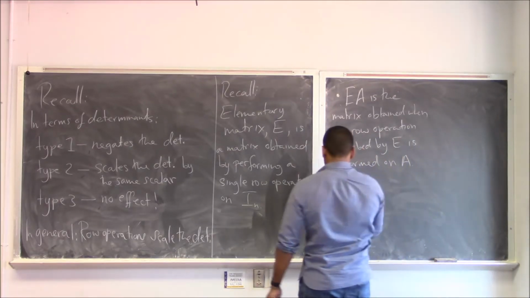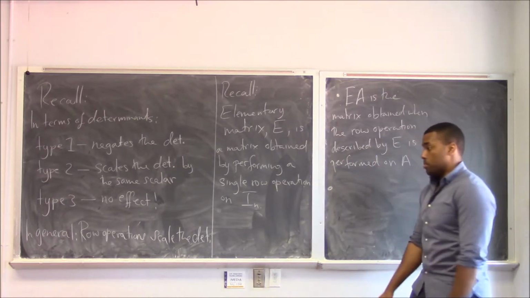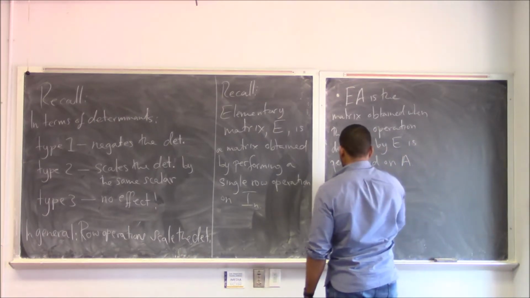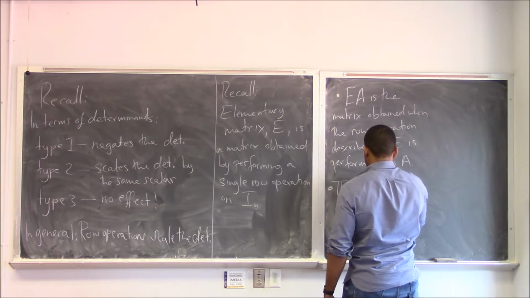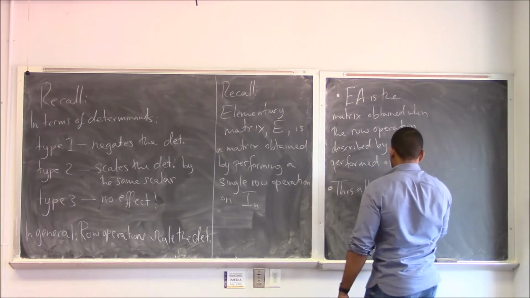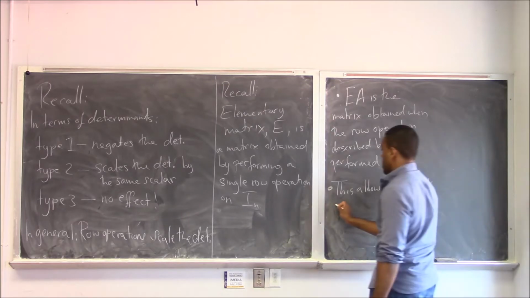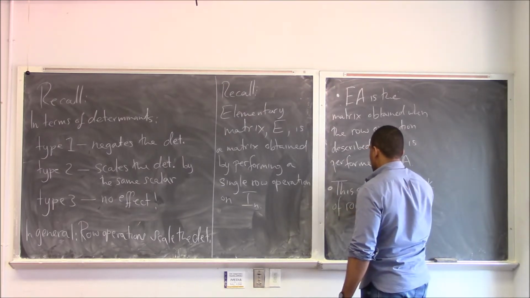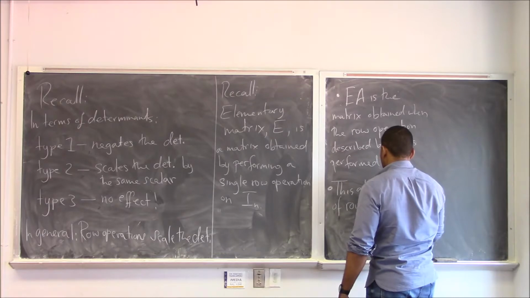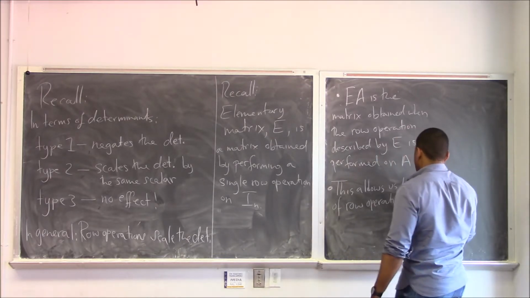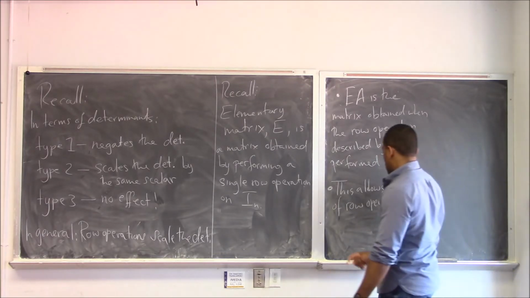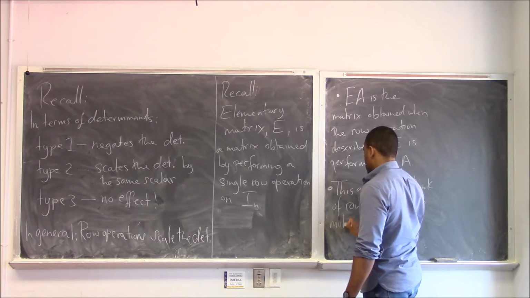So this allows us a very powerful technique. This allows us to think of row operations as multiplication of a matrix.